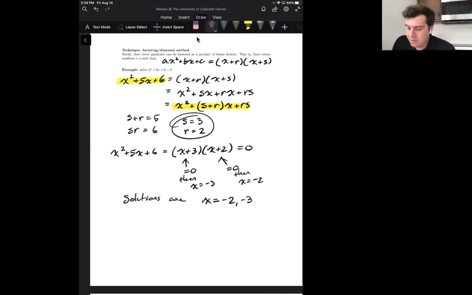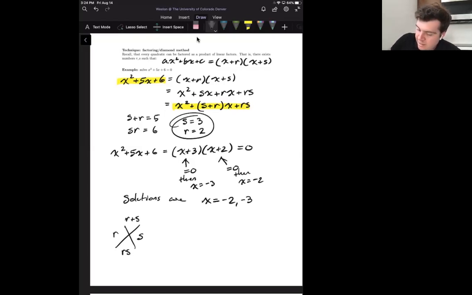The reason they call this the diamond method of factoring is that often in middle school or high school when you're doing algebra, you'll write it in a way that looks like this, where you have r and s, you put r plus s on the top, and r times s on the bottom.